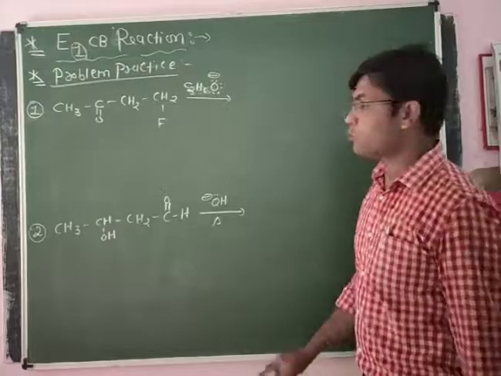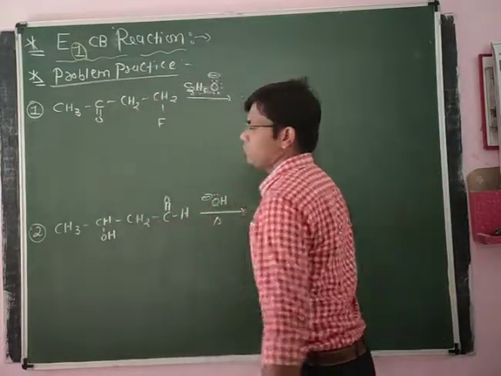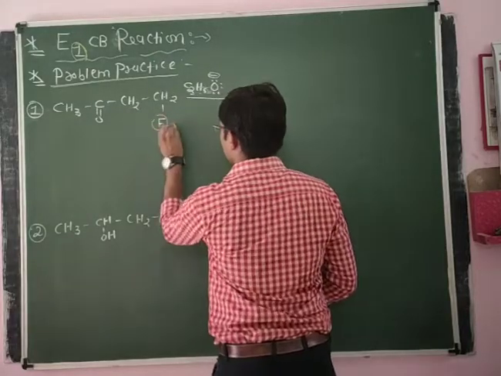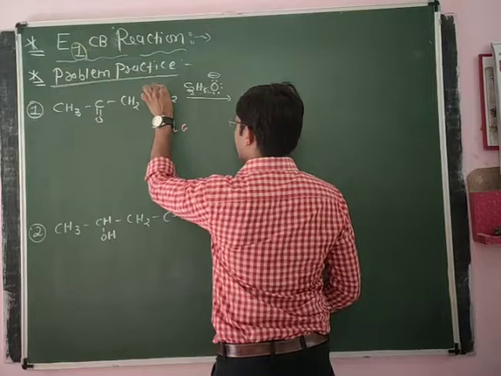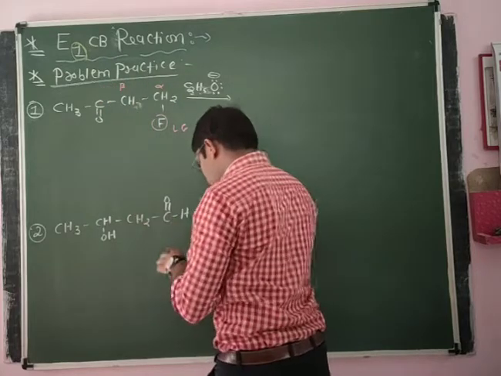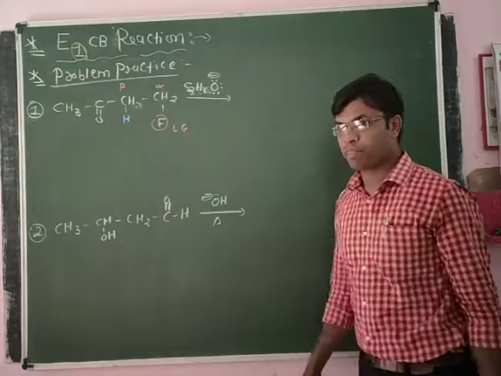So here the first one is CH3, C double bond O, CH2, CH2F. This is our leaving group, you know very well. This is the alpha carbon, and this one is the beta carbon, and on the beta carbon there is only one beta hydrogen.